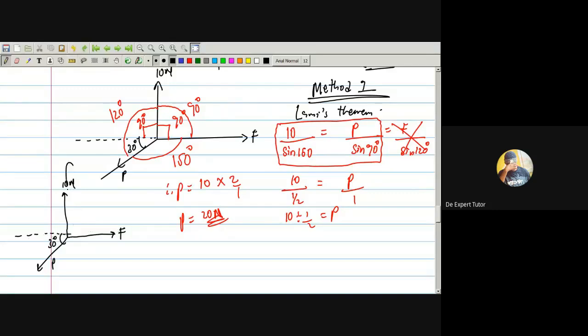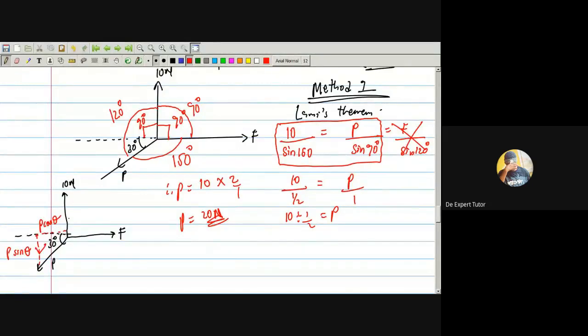I need something to the vertical. So let me resolve this P to the vertical. Remember how to resolve: complete the triangle. Wherever your angle is facing, call that sine theta. So I'm having P sine theta. And the other side, call it P cos theta. But I'm not using horizontal, I'm using vertical. Oh yeah, don't forget.